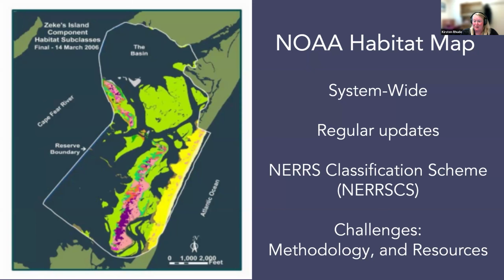Some of the methods you might use, like remote sensing, is different than GIS, and so the technical expertise also can be a challenge. So we partnered with Howard at the State Cartographer's Office, which is also part of UW-Madison, our state partner, to help tackle this problem and figure out how we were going to create our habitat map here.